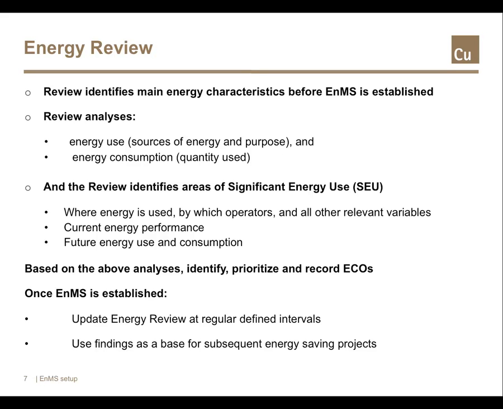That enables you to prioritise energy issues by identifying significant energy uses at a large, medium and small scale. You can then search for energy conservation opportunities within each prioritised significant energy use. ECOs are the basis for actions that integrate into the Energy Management System Action Plan.